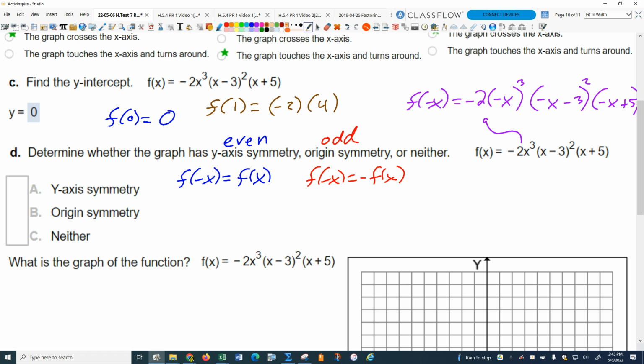Last term, 1 plus 5 is 6. Okay, let's try f of negative 1. F of negative 1 is going to give me positive 2 times negative 4 squared is 16 times 6.